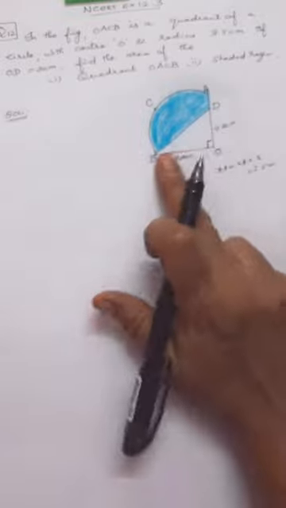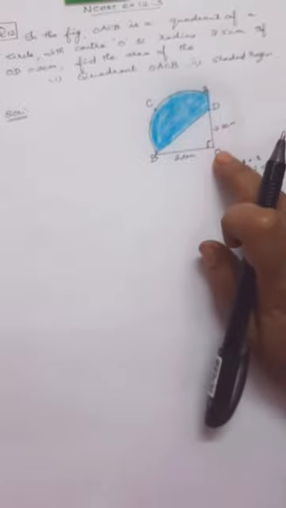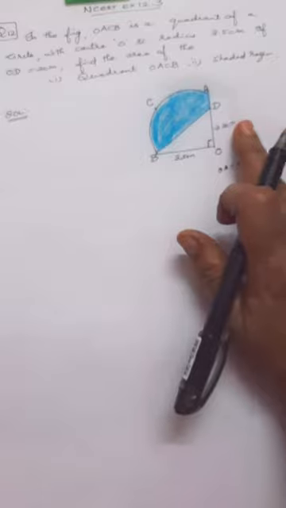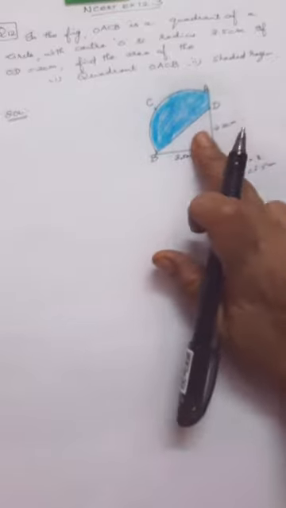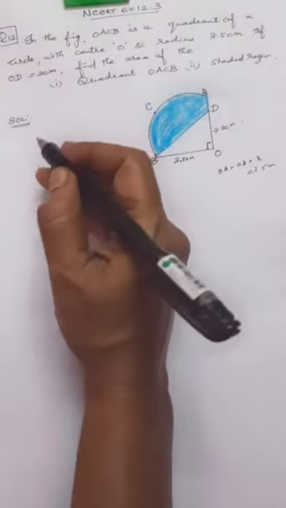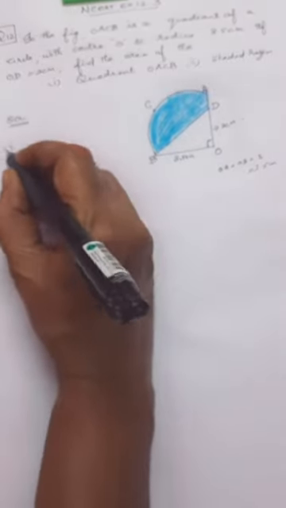So this radius OB is acting as a base, and this OD is given, the measurement, that is the altitude or height, that is 2 centimeter. So by making use of these two measurements, you can very well find out the area of the triangle. You can subtract the area of the triangle from the quadrant and you can find out the area of the shaded region. Okay. Now let us write the first part.